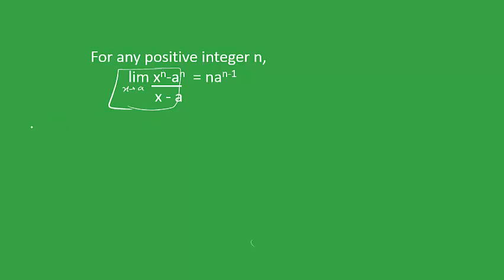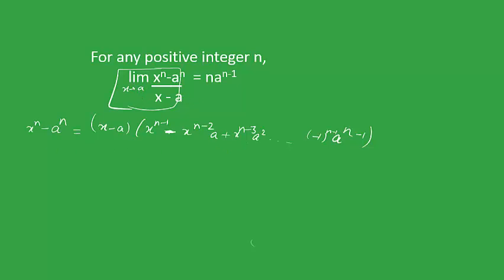To solve it, we need an identity: x raised to the power n minus a raised to the power n is equal to (x minus a) into (x to the power n minus 1 plus x raised to the power n minus 2 into a plus x raised to the power n minus 3 into a square, and so on till a raised to the power n minus 1). This is the expression we'll use in this limit.